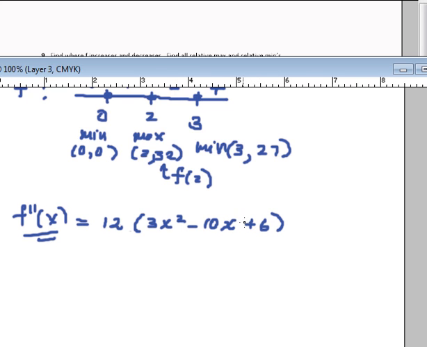Now here we will have a hard time factoring, but we can use the quadratic formula. From the quadratic formula, the roots are negative b, that's plus 10, plus or minus the square root of b squared, 100, minus 4ac, minus 4 times 3 times 6, minus 72, and that comes out to 28, over 6.